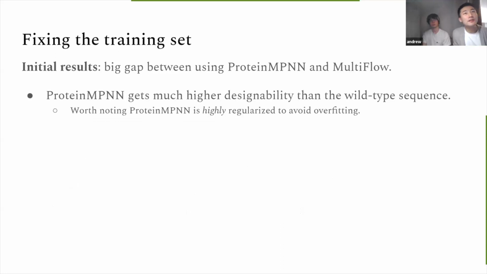One thing that's been reported a lot in the literature is that when you use ProteinMPNN to refold, to get the sequence out from the structure, it has way higher stability than the wild type sequence. It's worth noting that ProteinMPNN is a highly regularized model to not overfit, because the more it overfits, the worse the designs are for downstream tasks.